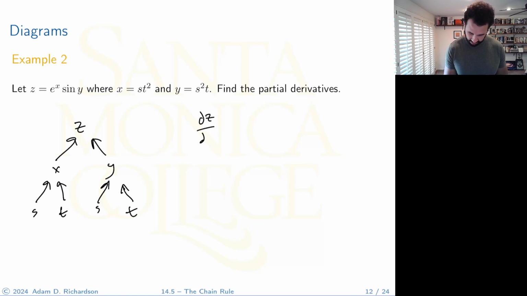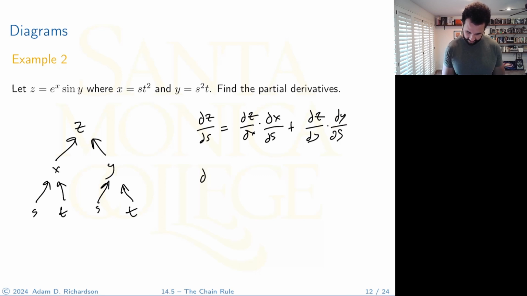Partial z, partial s is going to be this path and this path. So it'll be partial z, partial x, partial x, partial s, plus partial z, partial y, partial y, partial s, and then do the same thing for t.